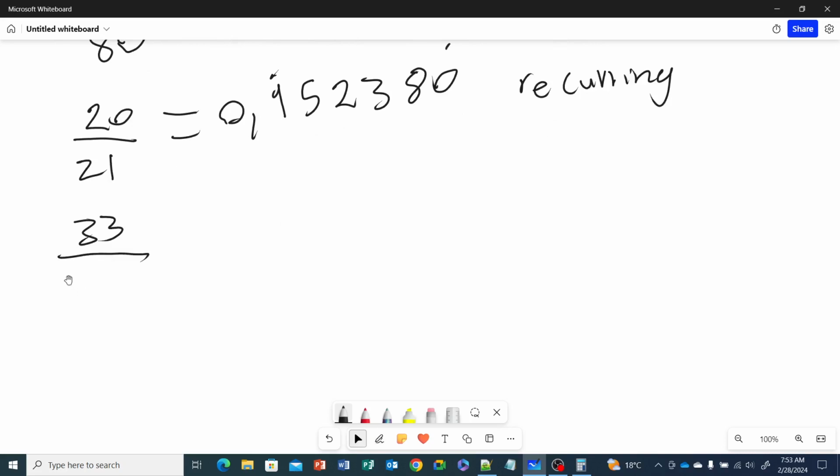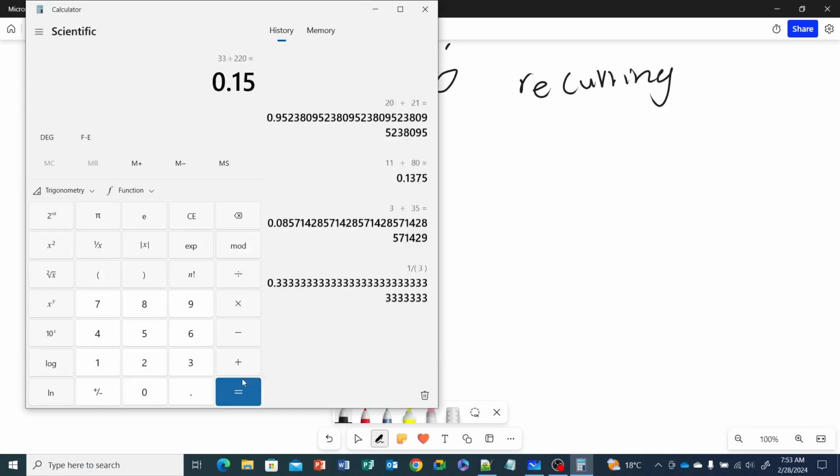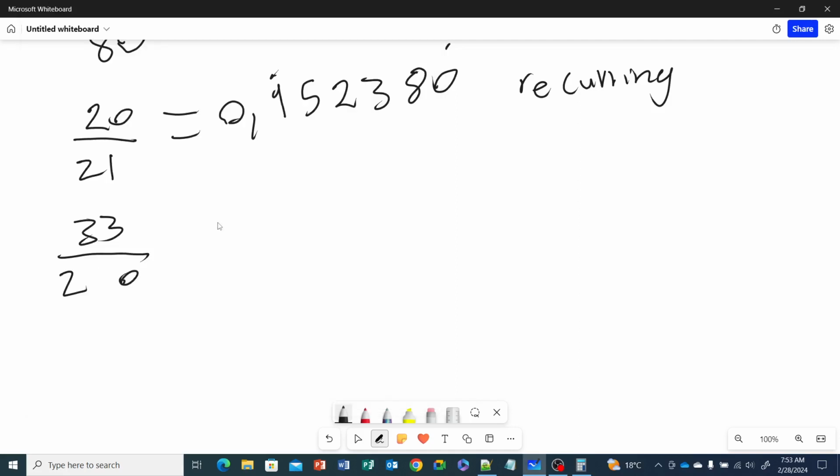Okay, now the last one on our list is 33 divided by 220. Now let's go to the calculator and type 33 divided by 220, which is equal to 0.15. So 0.15 tells us that this is terminating.